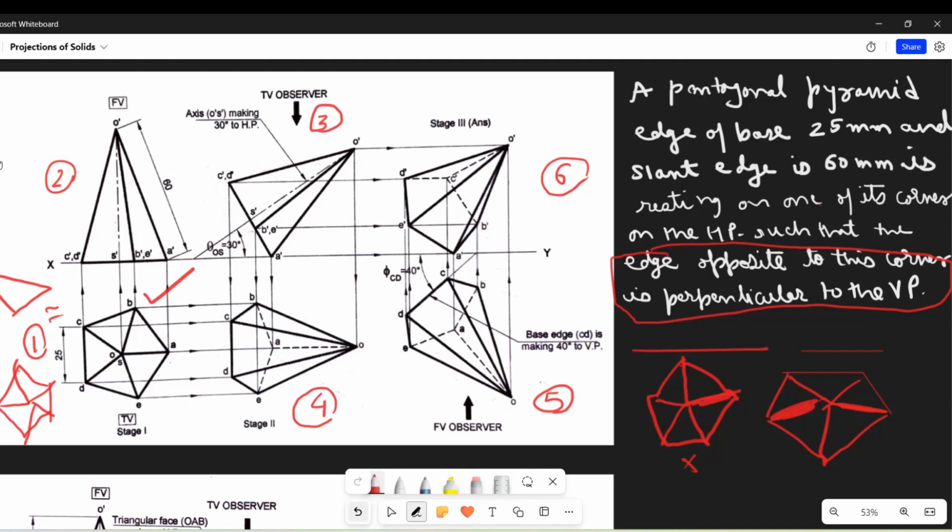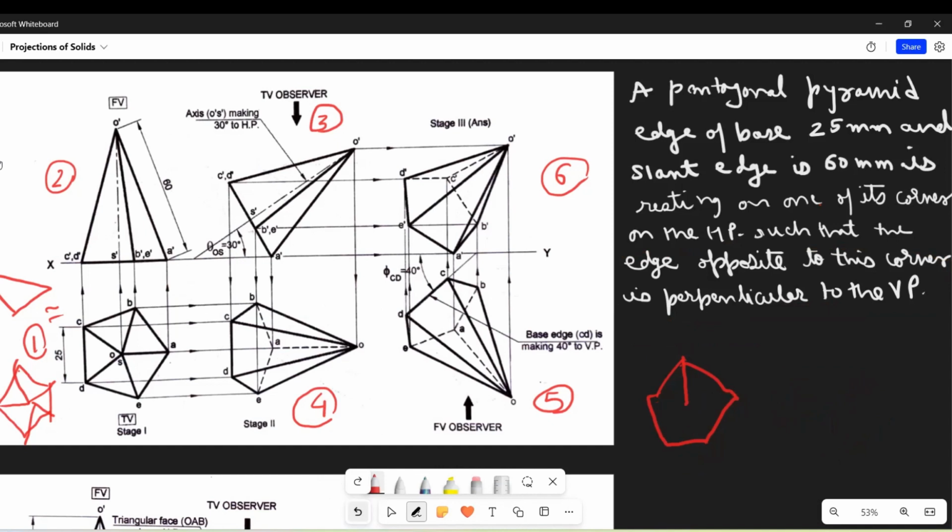Okay, let us continue by keeping that sentence. I'm repeating that even though the last sentence, "such that the edge opposite to this corner is perpendicular to the VP," is not written, there is only one way to draw the pentagon, and that is this one. Now we'll move on to the next part of the question.